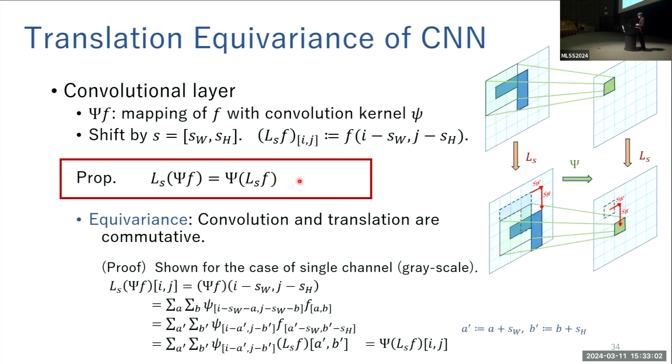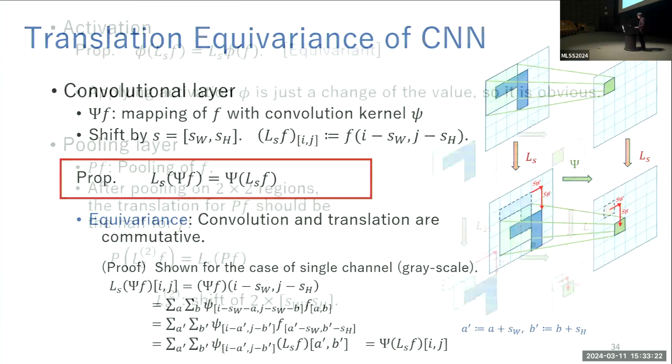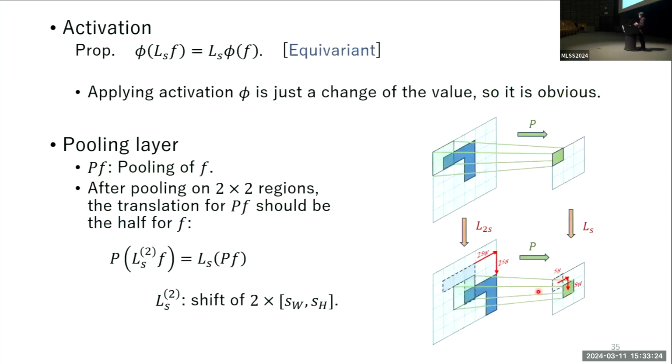In terms of symbols, we can write it in this way. This is a kind of definition of equivariance. But this intuitive explanation will simply let you understand the translation equivariance of the convolutional layer. And applying the activation function is simply a change of the value, so the equivariance is obviously satisfied.